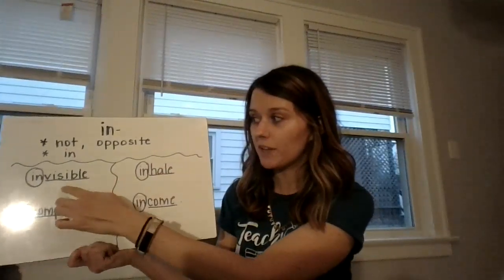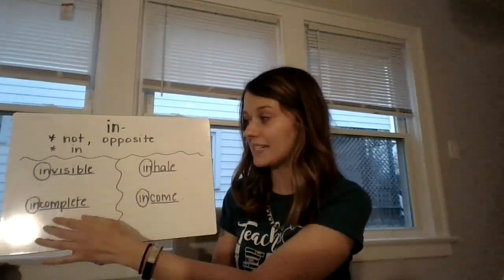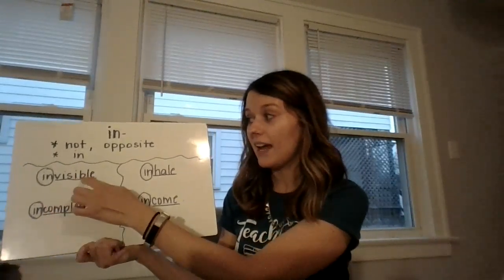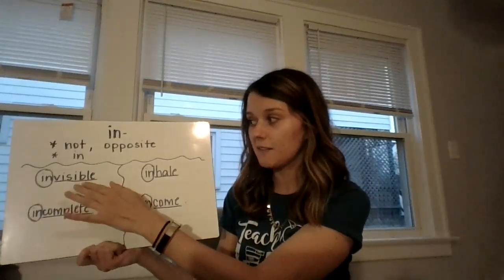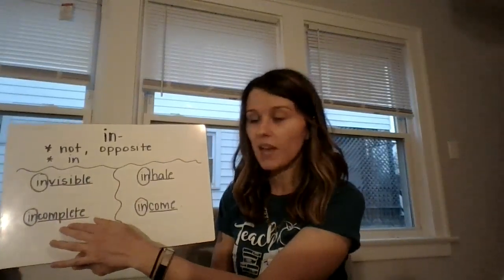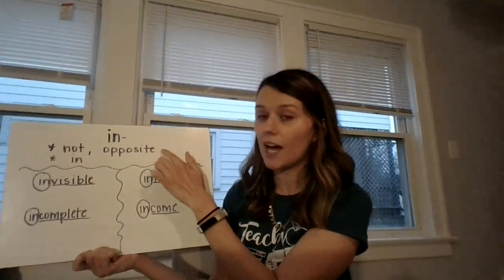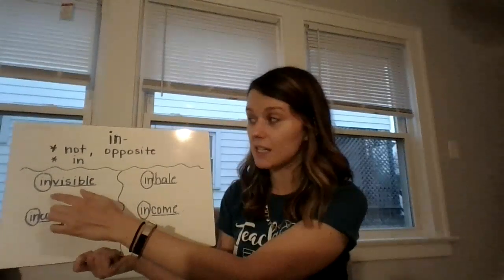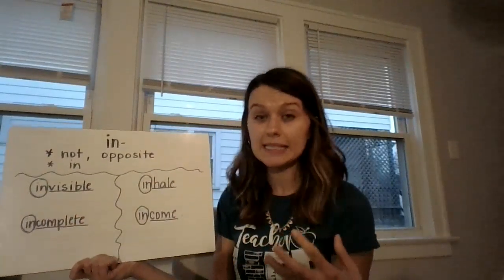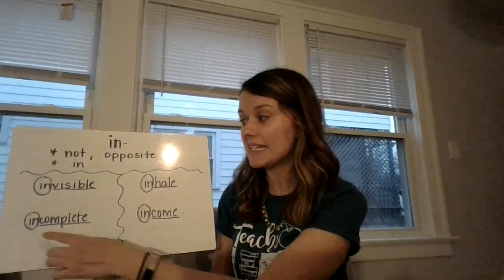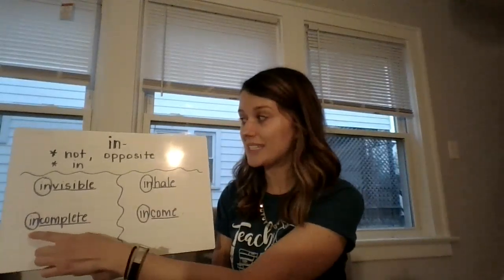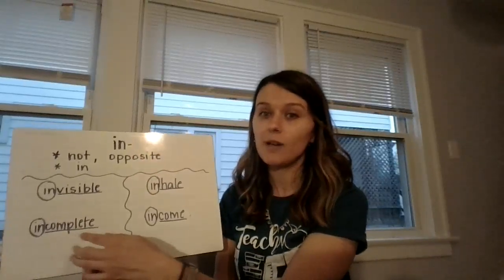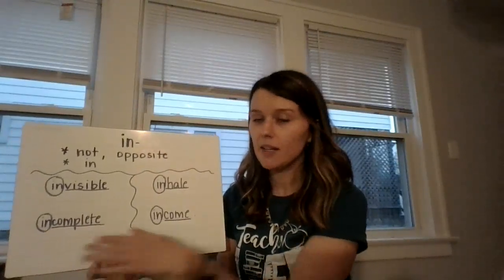And for example, if I take my words invisible and incomplete, I have circled my prefix in and underlined my base words visible and complete. So if I use that meaning not or opposite, invisible means something is not visible. You can't see it. If something is incomplete, that means it's not complete or the opposite of complete. So if you have an incomplete assignment, it means you haven't done it.